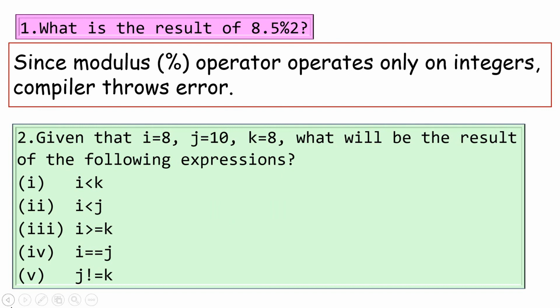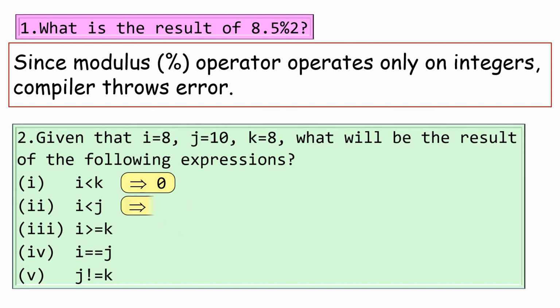Therefore, for i less than k, look at the values for i and k. It is 8 less than 8, which is false. So the result is 0. Second one, i less than j. That is 8 less than 10. It is true.